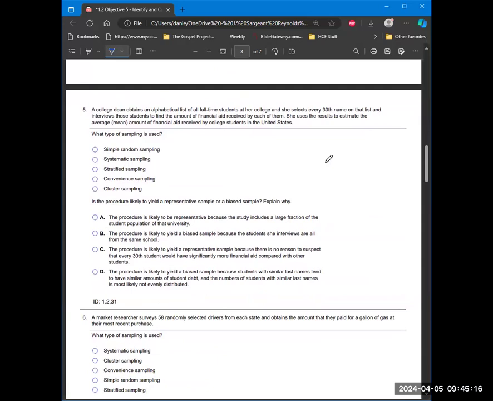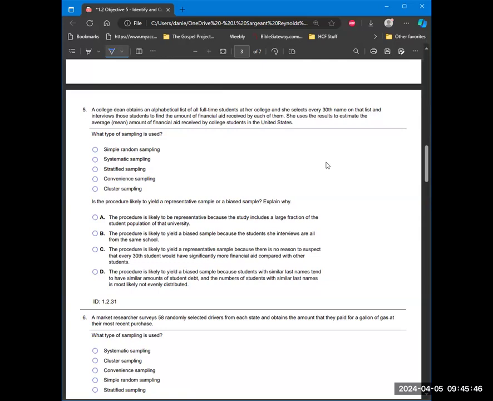A college dean obtains an alphabetical list of all full-time students at her college, and she selects every 30th name on the list and interviews these students to find the amount of financial aid received by each of them. She uses the results to estimate the average or mean amount of financial aid received by college students in the United States.